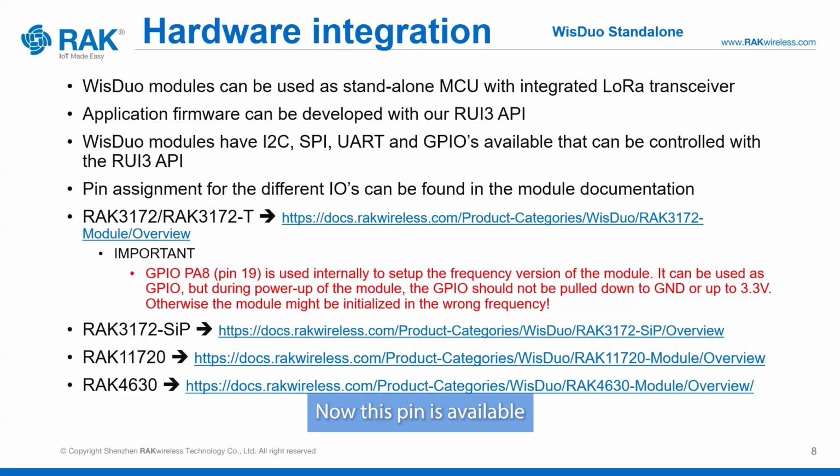Now, this pin is available on the stamp module. However, it was placed there for our factory so they can check during the production that they are using the correct module, low frequency or high frequency. Now we have customers that use this pin for their own applications, which is in general possible, but it is important that during power up of the module, this GPIO should not be pulled down or pulled up. Otherwise, the module might be initialized in the wrong frequency.